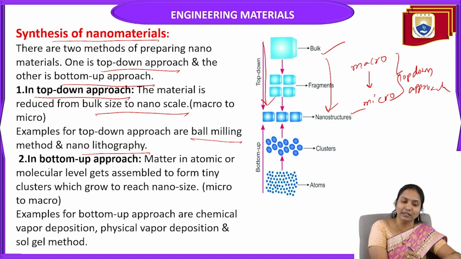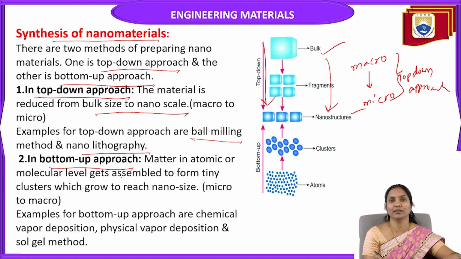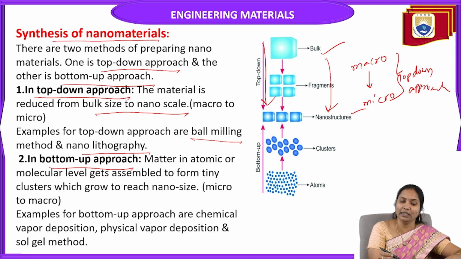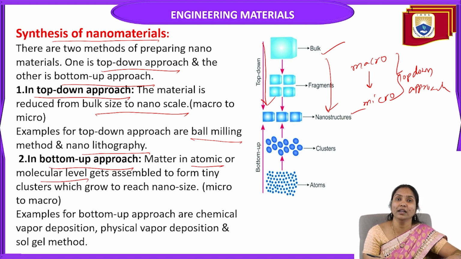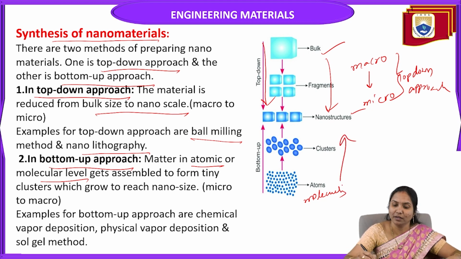And the second method is the bottom-up approach. Here we start with matter at the atomic or molecular level. For example, you see atoms or molecules. So it is the bottom-up approach, that means micro to macro.